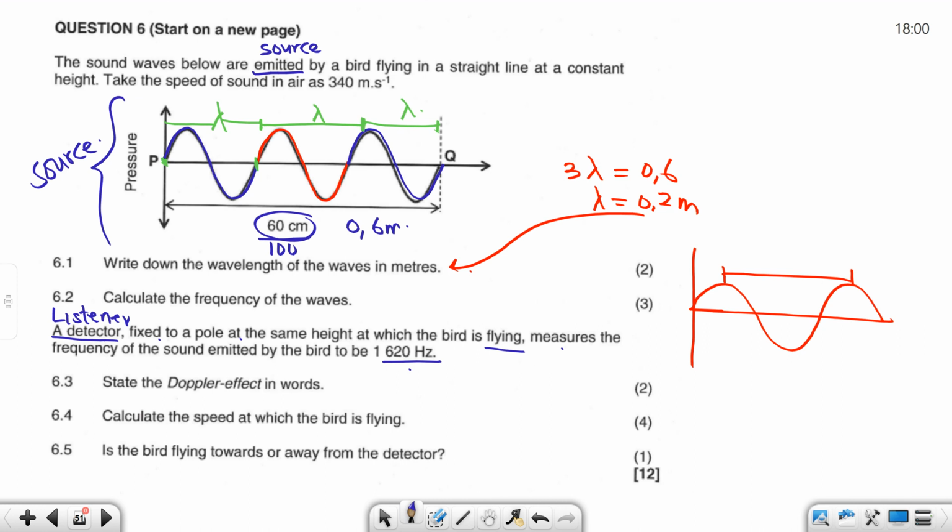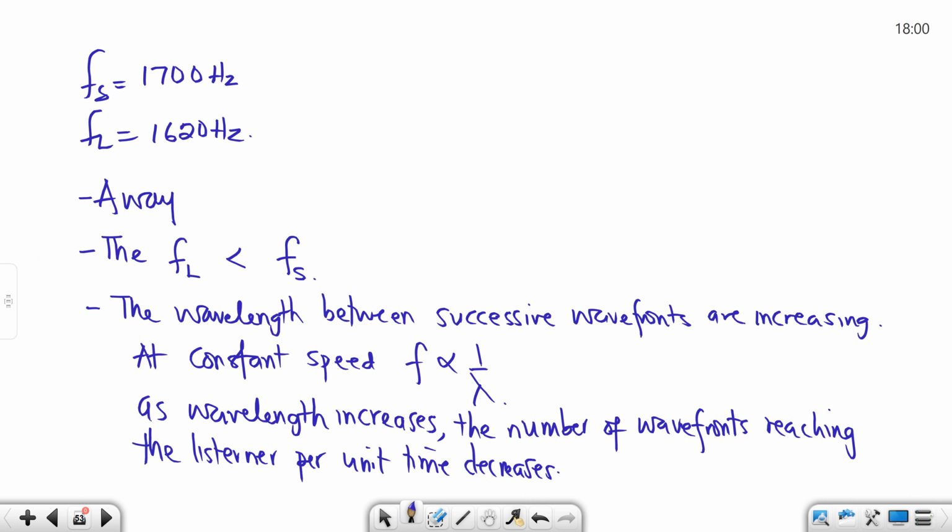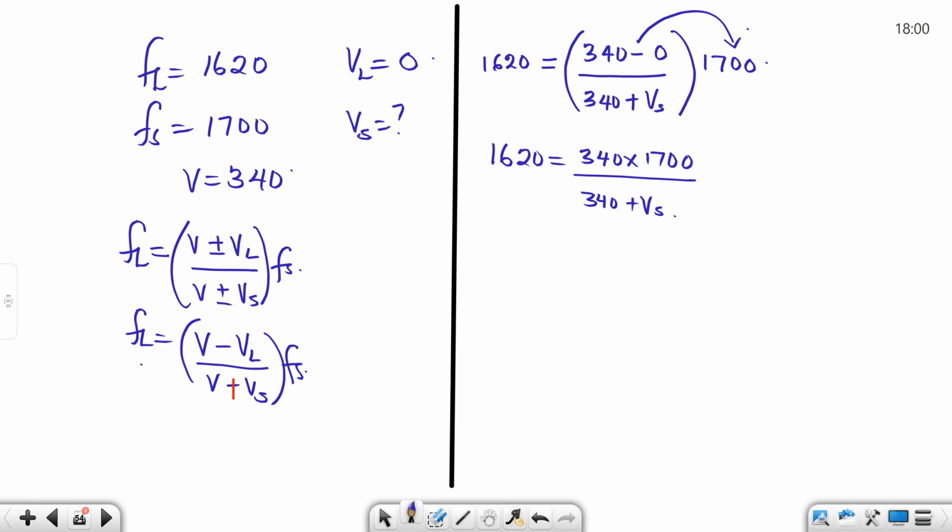The bird is the source. So that's why I said all of this graph represents the source. And we got that frequency as what? 1700. So it's important. This is the detector, the listener. That's the bird. Are we together?